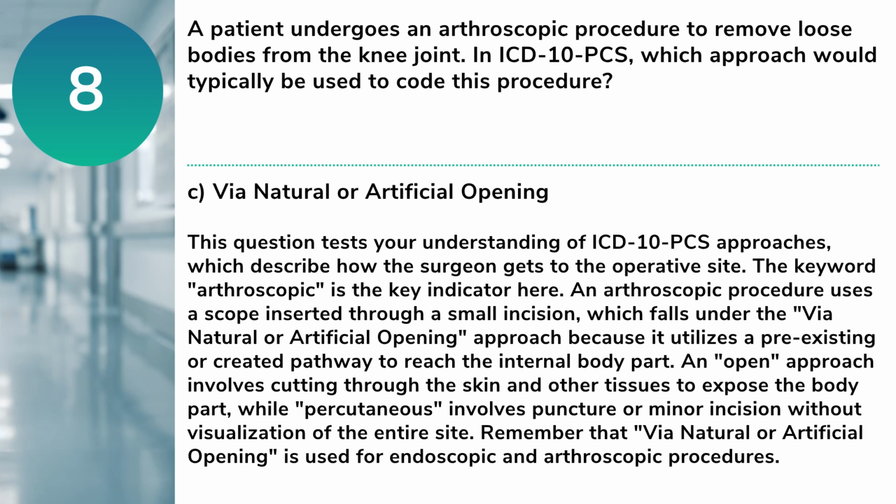An open approach involves cutting through the skin and other tissues to expose the body part, while percutaneous involves puncture or minor incision without visualization of the entire site. Remember that via natural or artificial opening is used for endoscopic and arthroscopic procedures.